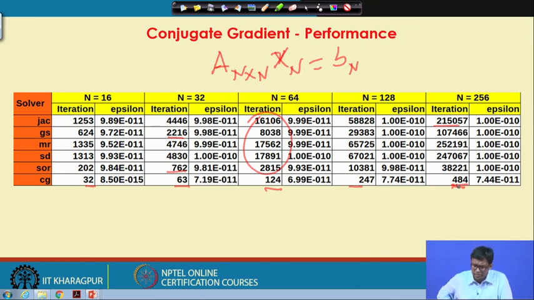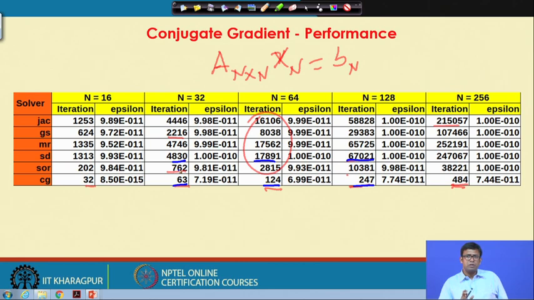Another interesting thing we can see is that if we compare steepest descent or MR with conjugate gradient, the number of iterations is almost the square root of that. So the convergence rate is almost squared for conjugate gradient compared to the steepest descent algorithm, and very high compared to any other algorithm.